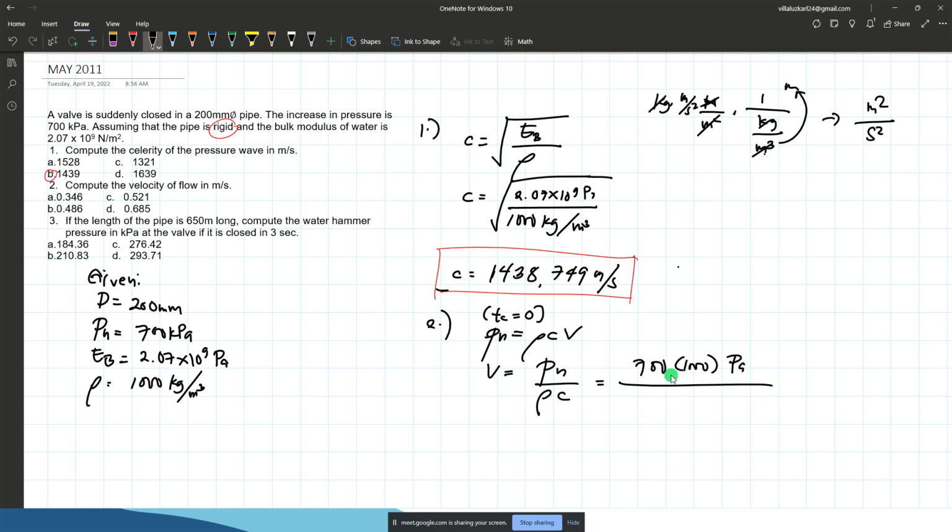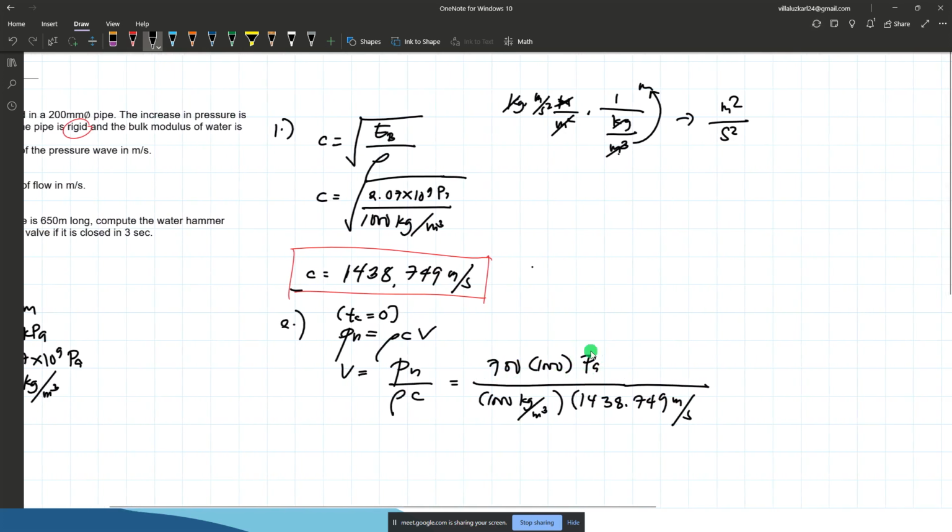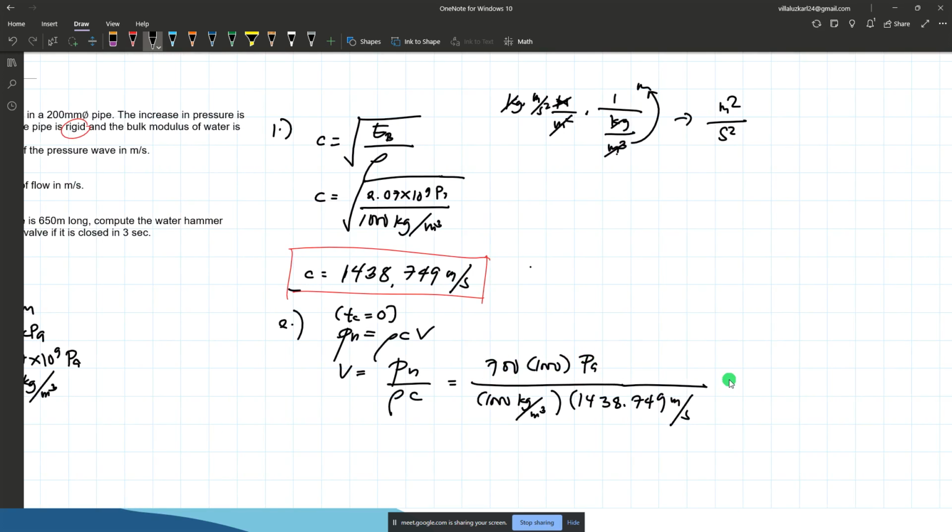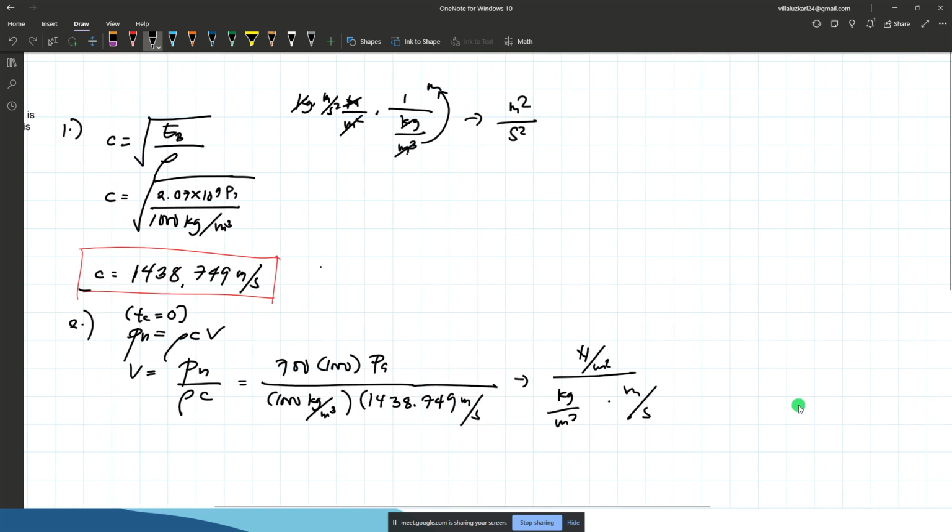Then rho, 1000 kilograms per cubic meter. And C is 1438.749 meter per second. Just to be consistent in unit, we have Pascal here because Pascal is Newton per square meter, and kilograms per cubic meter, meter per second.